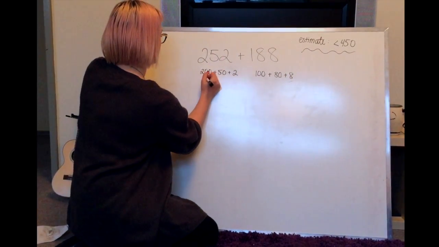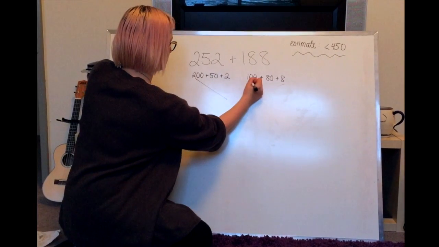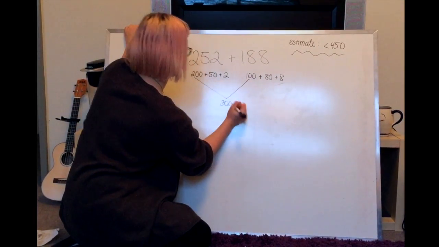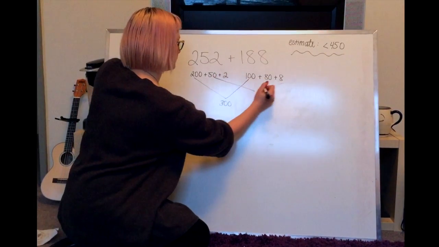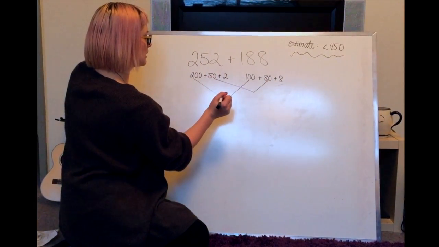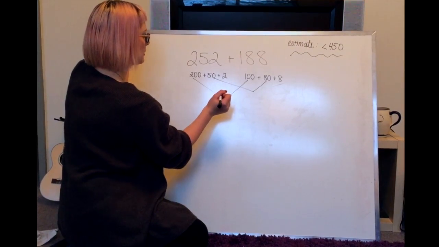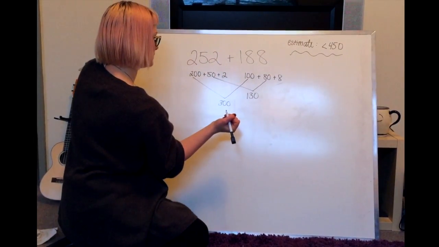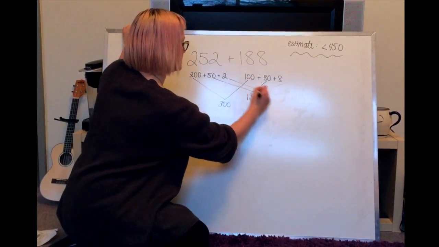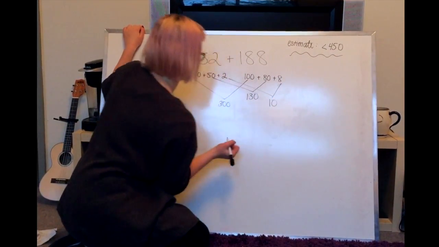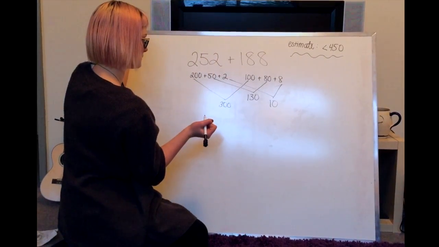Then I can take these numbers, 200 plus 100, 300. 50 plus 80 is a little bit harder, but I know 50 plus 50 is 100, plus 30 is 130. Great. And then we can take these two. 2 plus 8 is 10. Awesome.